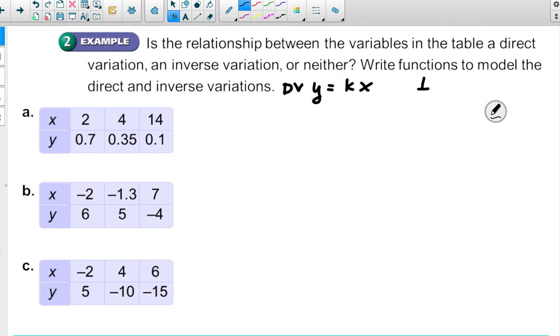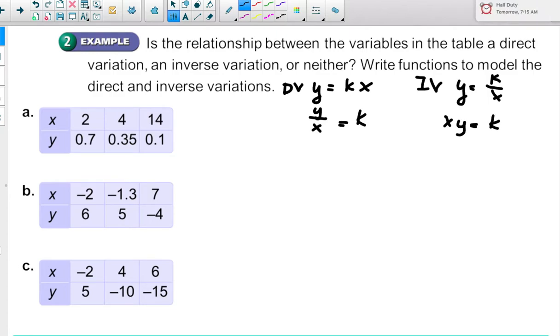For the inverse, we know that it is y equals k divided by x. To find k here, you would have y divided by x. To find k here, you have xy equals k. So now we need to see what happens when we multiply or divide.